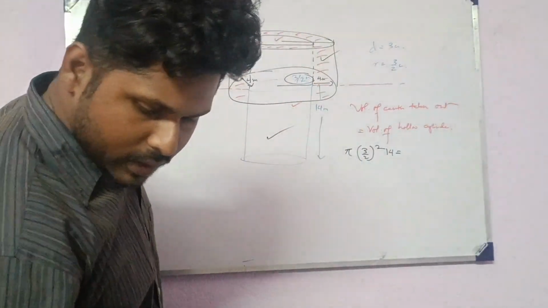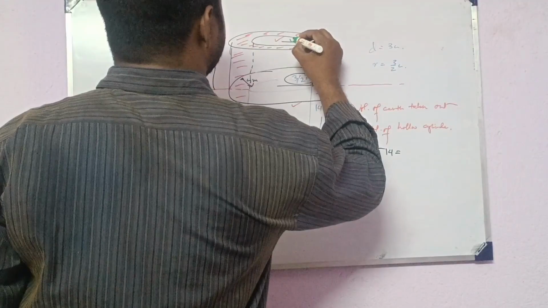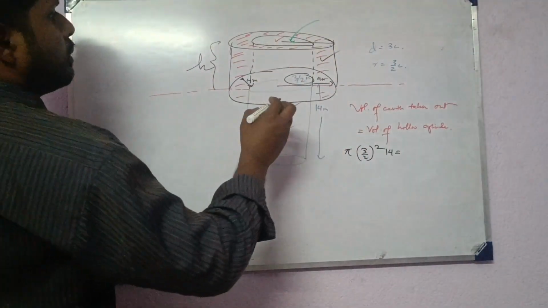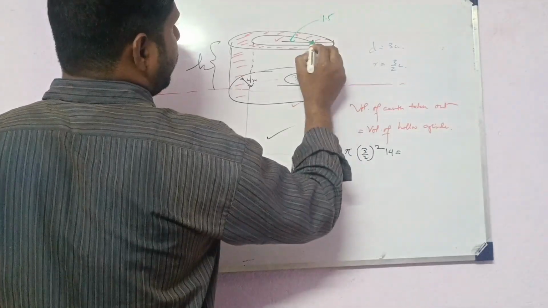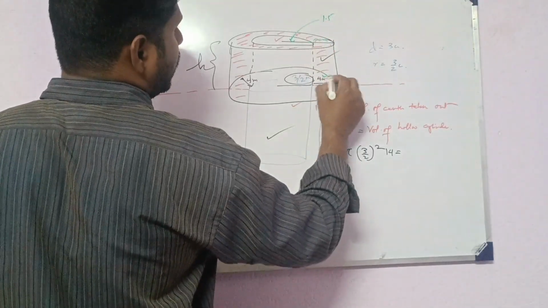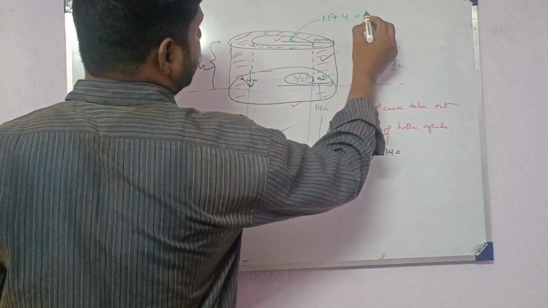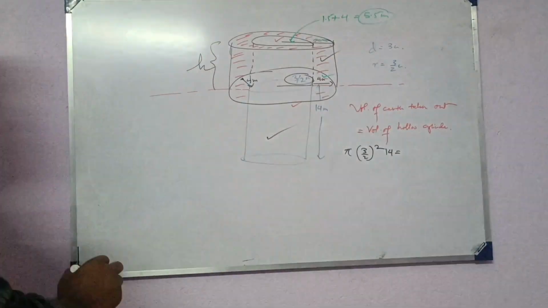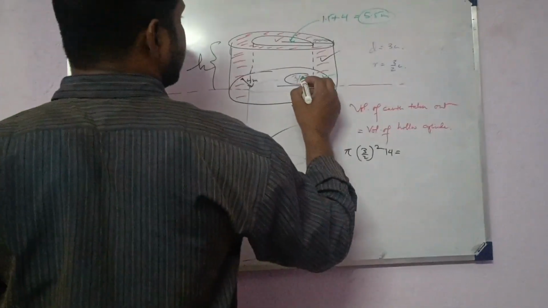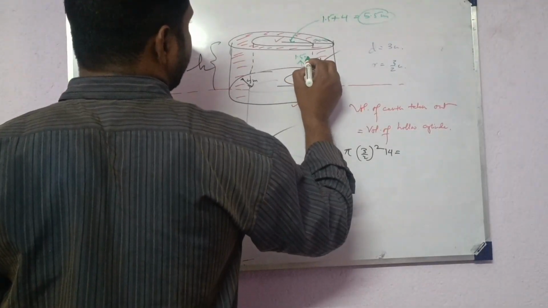The radius length will be 3/2, that is 1.5, and with this there is this 4, so 1.5 plus 4 will be 5.5 meter, that is the external radius, and the internal radius is 3/2 meter, which is 1.5 meter.